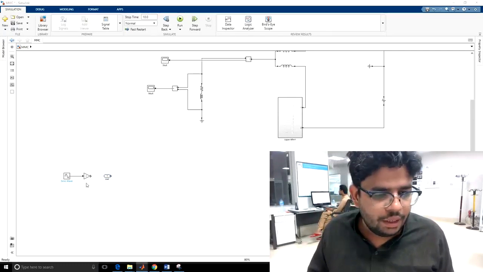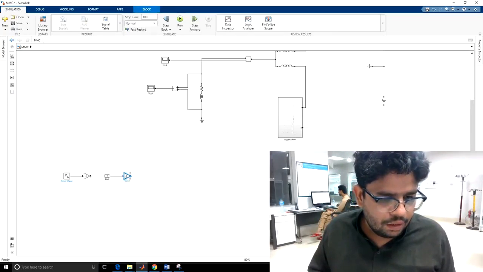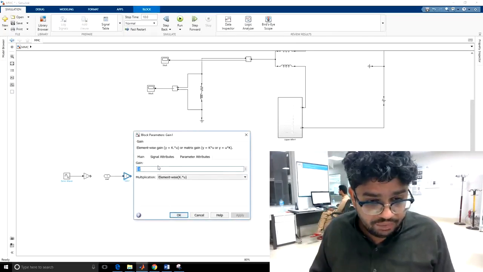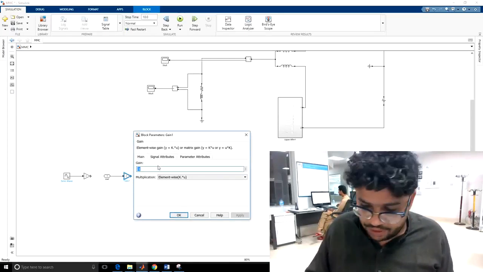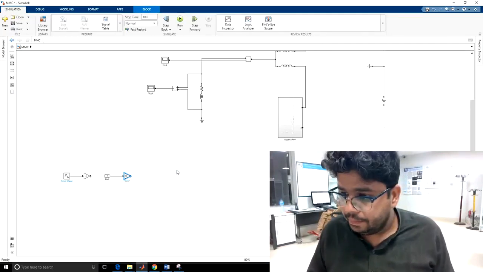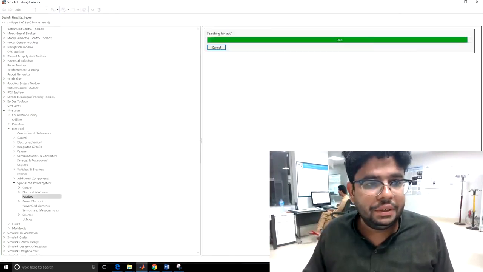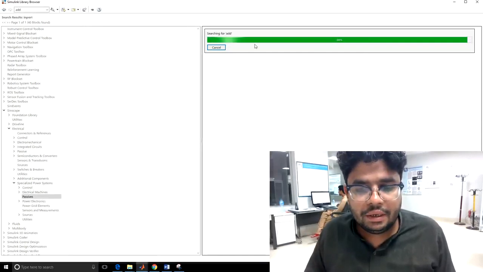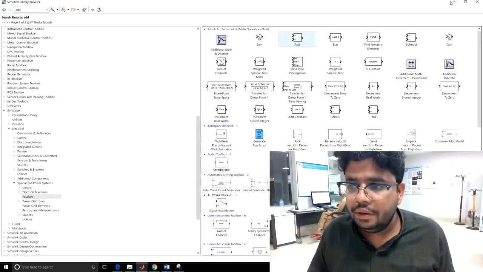Alright, let's get a gain again, and here the value of gain will be equal to the number of half bridge submodules. Half bridge submodules are 10, therefore the gain will be 10. I need one add function, add arithmetic operation block, this one.